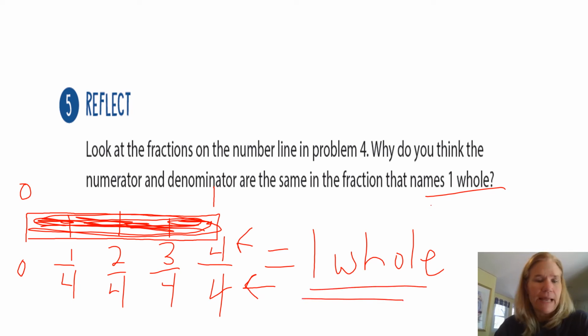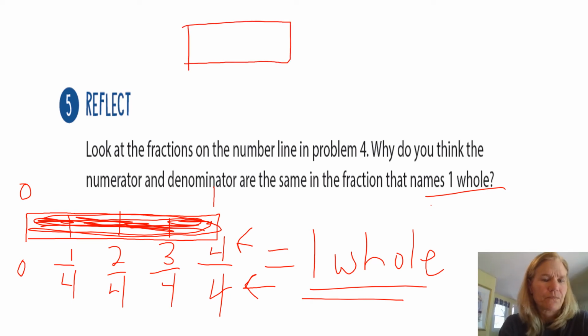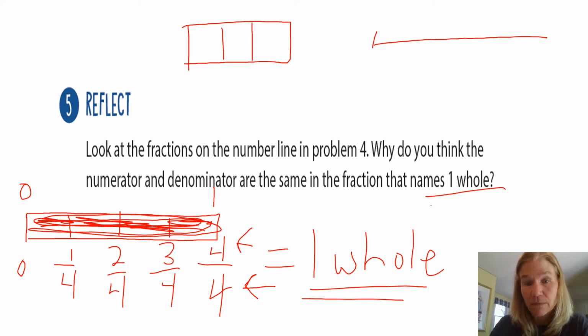So I take a look at this one up here. If I showed you this, now I have not a number line, I have a shape, but we're going to do it on a number line as well. So I have my 0 to 1, here's my whole, 0 to 1.